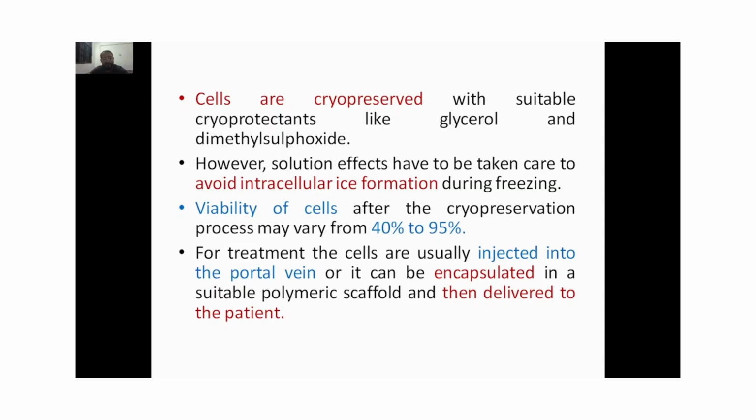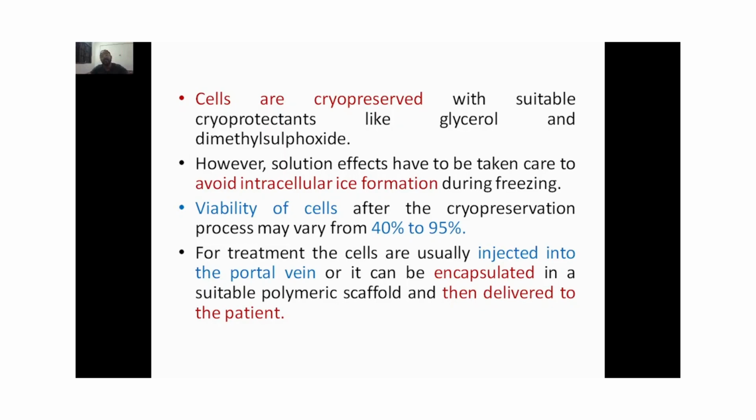After 1 year I am using it, then its functionality can reduce, and 60% of the cells can be considered non-functional or dead. Only 40% I can get. So this range comes from 40 to 95. Sometimes you get 95% healthy, viable, functional cells, whereas 5% are dead. So the range is very broad here, 40 to 95%.